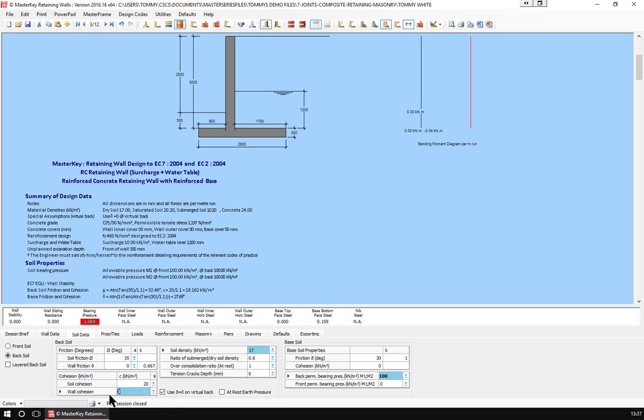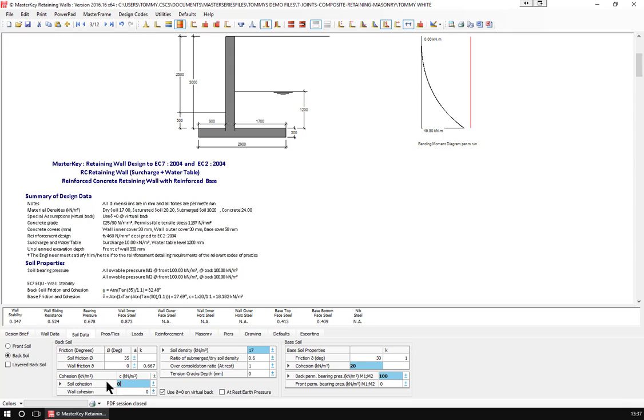And likewise, we could in our base give ourselves a cohesion. Very limited cohesion would be used, and the cohesion in the soil itself is just for working out the angle of friction and things like that. But put that back down to 0. We will find that a cohesion in the base will improve things considerably. So we have all these parameters in the soil that we can play with.